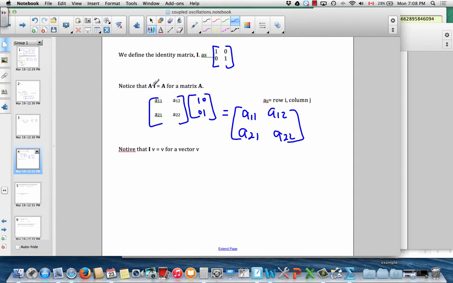So this identity matrix is kind of like the 1, right? Multiplying by 1 gives you itself. It's the 1 for matrix multiplication. And it's also true that if you multiply the identity matrix by a vector, it gives you back a vector.